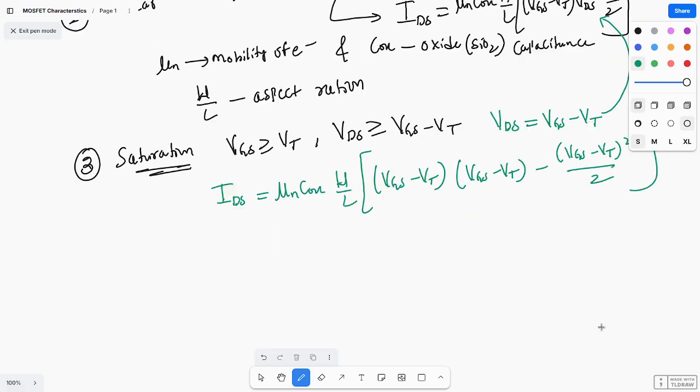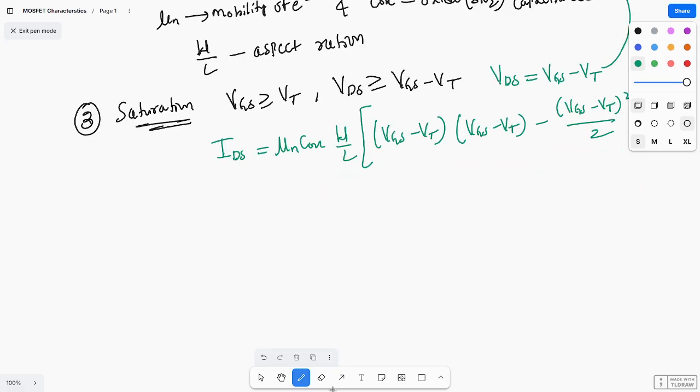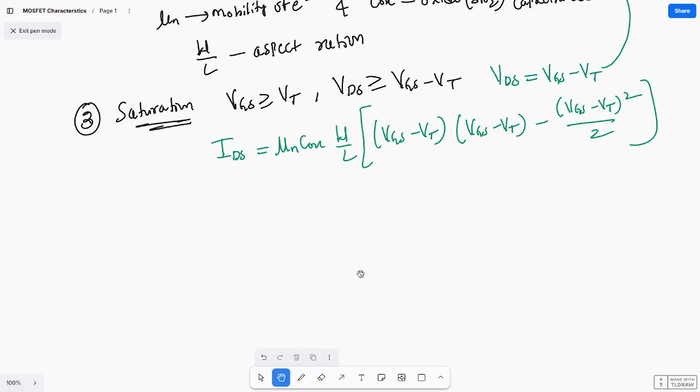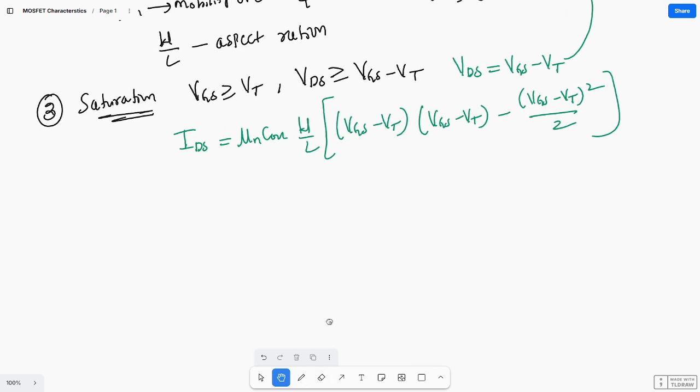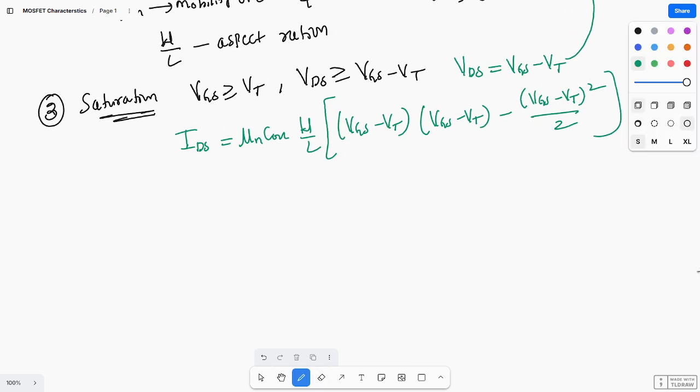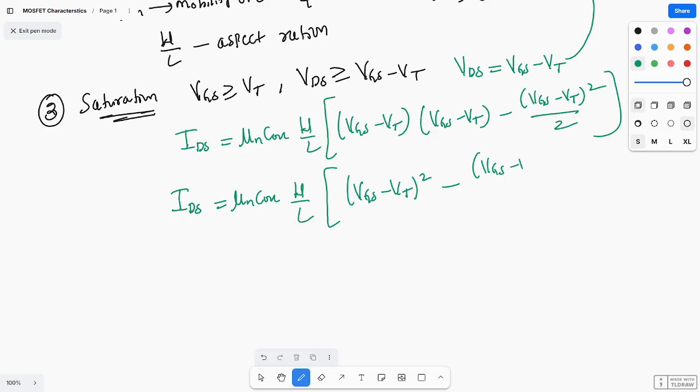So again I substituted. After that, what will I get? IDS equals mu n COX W by L into (VGS minus VT) whole square minus (VGS minus VT) whole square divided by 2.